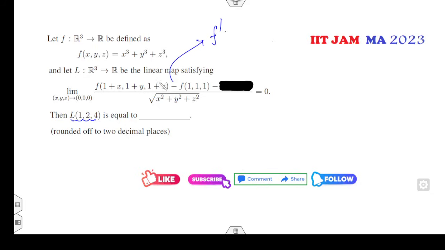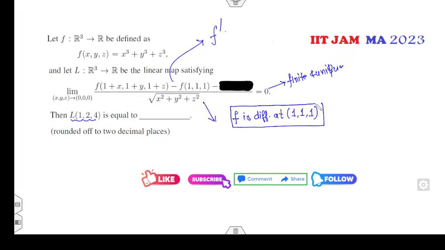Fine, it looks like a derivative, and 0 is finite and unique. So what is the meaning of this quantity? That means f is differentiable at the point 1, 1, 1. That's the meaning of this case. f is differentiable at the point 1, 1, 1, and your target is to find the value of L.